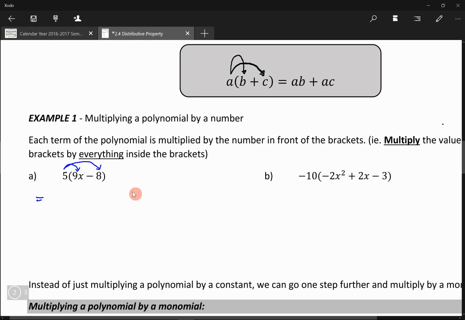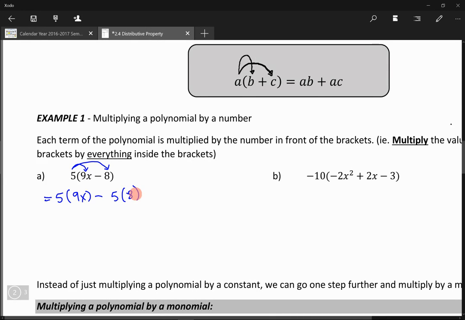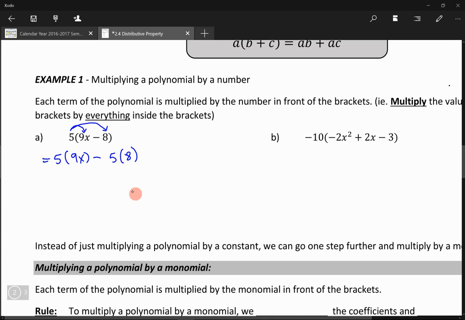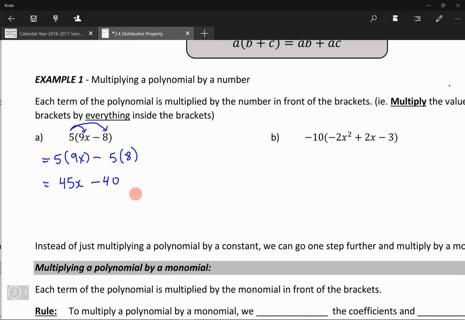So here I'll have 5 times 9x, and then I'm going to have minus 5 times 8. Okay, and I'm going to multiply those out. So 5 times 9 is 45x, and 5 times 8 is 40, so minus 40. Okay, and that's it. That's how you distribute.